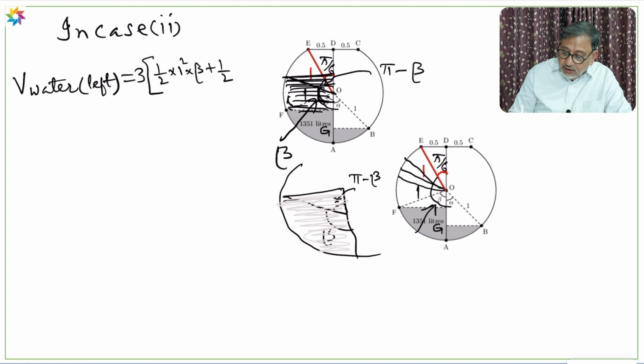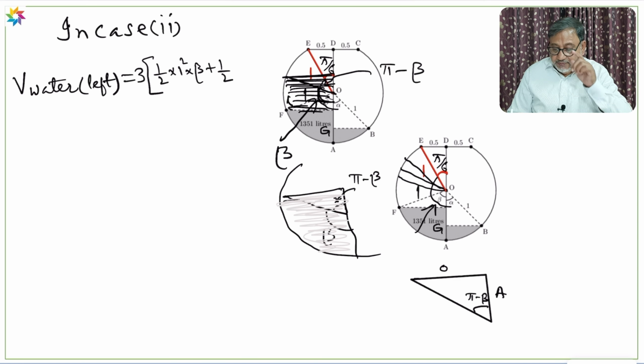So half. Now look here, area of triangle, this is the triangle. This angle is pi minus beta. So we need this opposite side and we need the adjacent side to multiply half base into height, right? So the opposite side will be sine of pi minus beta.